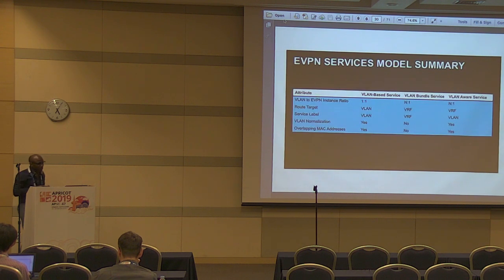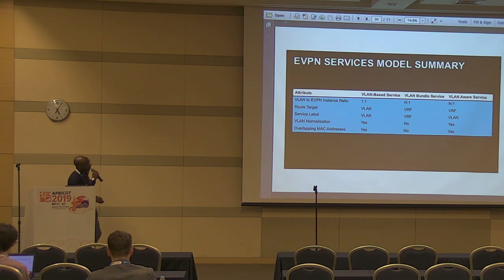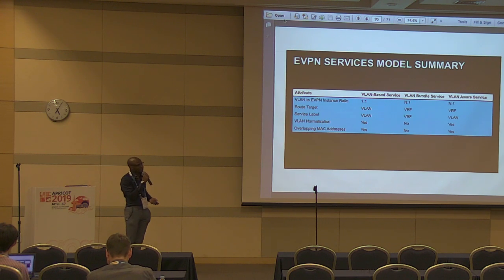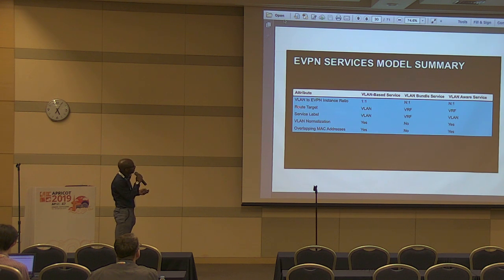So this is the slide that compares the pros and cons of the service models. As I've mentioned, VLAN-based services is a one-to-one mapping between the VLAN and the EVPN instance.